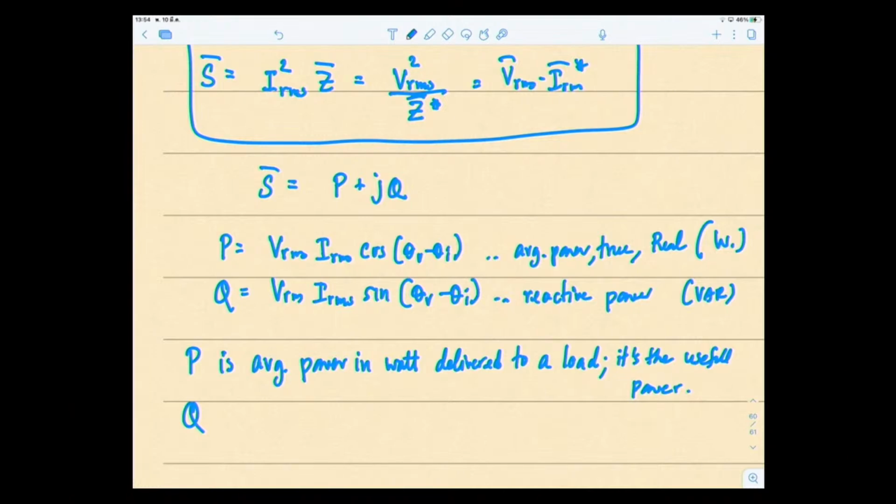So we deal with only Q, which is considered to be the measure of the energy exchange.